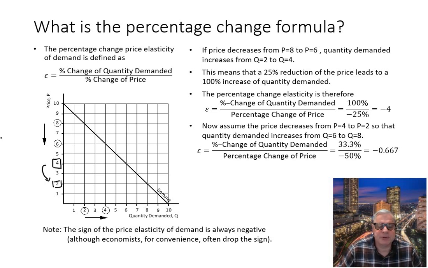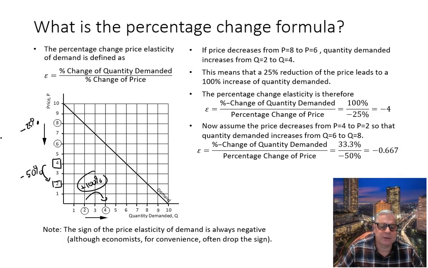What happens if we lower the price from 4 to 2? That is a decrease of 50%. Here we had a decrease of 25%, and this was an increase of plus 100%.